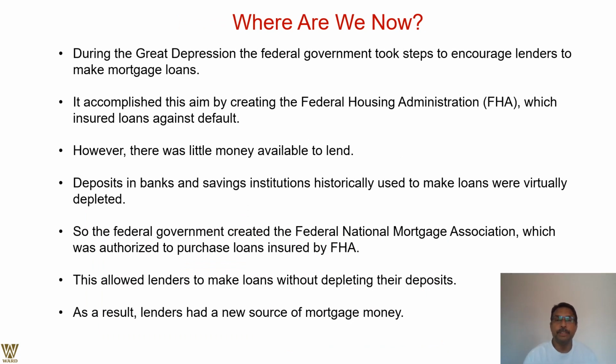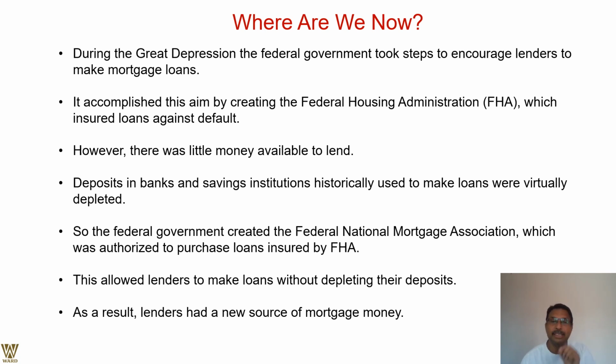During the Great Depression, the federal government took steps to encourage lenders to make mortgage loans, as in to pledge some money, pledge some portion of land. It accomplished this aim by creating the FHA, Federal Housing Administration, which insured loans against default. However, there was little money available to lend.